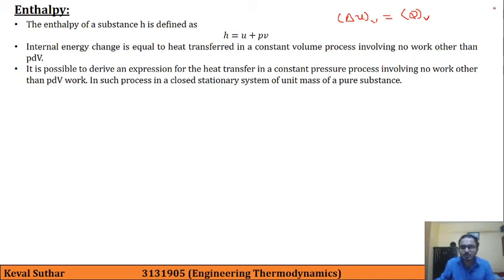So what we are going to do in this theory, we are going to prove that the change in enthalpy at constant pressure is equal to Q, that is heat transfer at constant pressure involving no work other than PdV work. So we are going to prove this part in our theory.